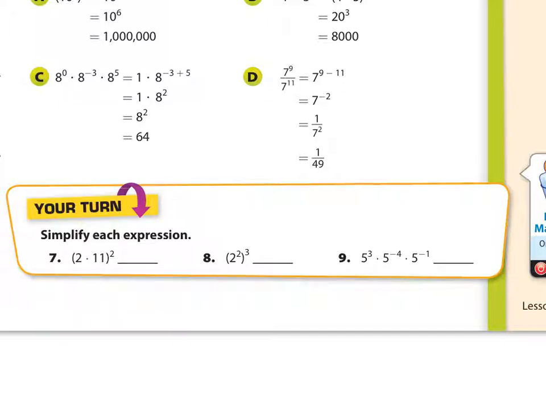Number 7. So 2 times 11 in parentheses to the 2nd power. So it's going to end up being 2 to the 2nd power times 11 to the 2nd power. Or you can write 22 to the 2nd power, or you can write 484.